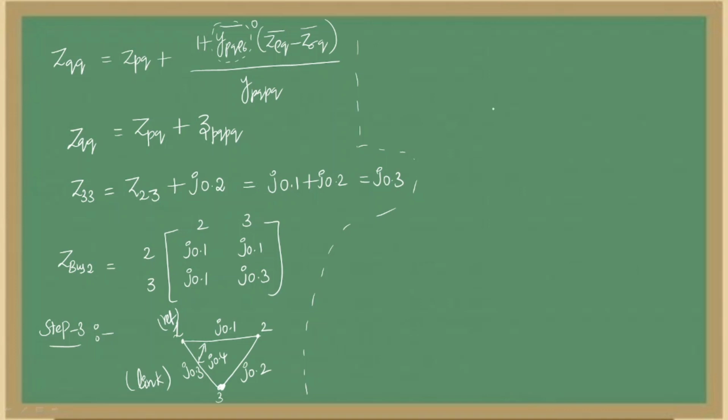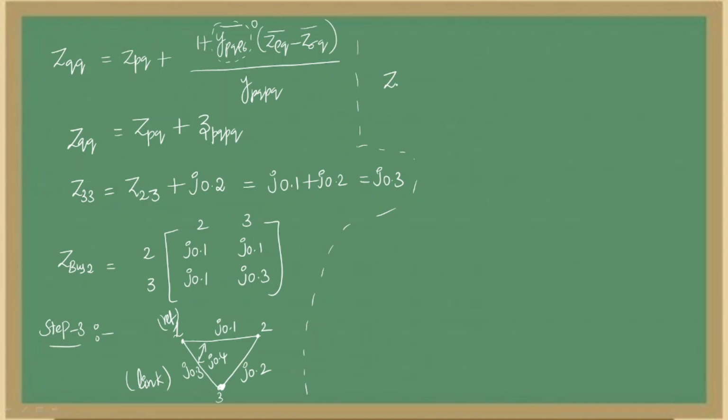How can I do it? First of all, I need to know the off diagonal elements, because we know that when we add a link, the order of the matrix remains unchanged, but each and every element of the previous step will be changed.